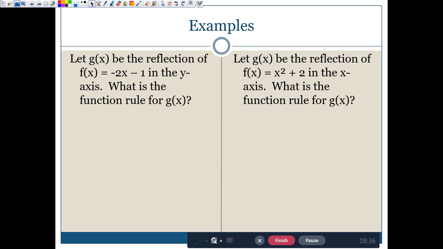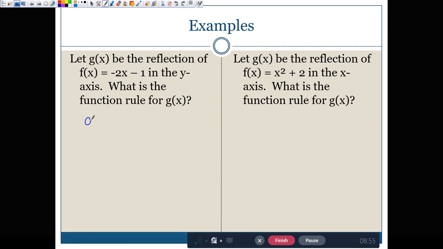So let g of x be the reflection of f of x equals -2x minus 1 in the y-axis. So the y-axis is only going to affect my x, okay? So my g of x is only going to affect the x.